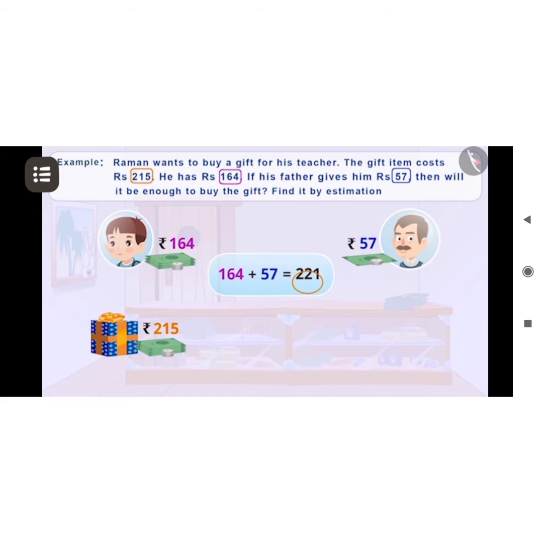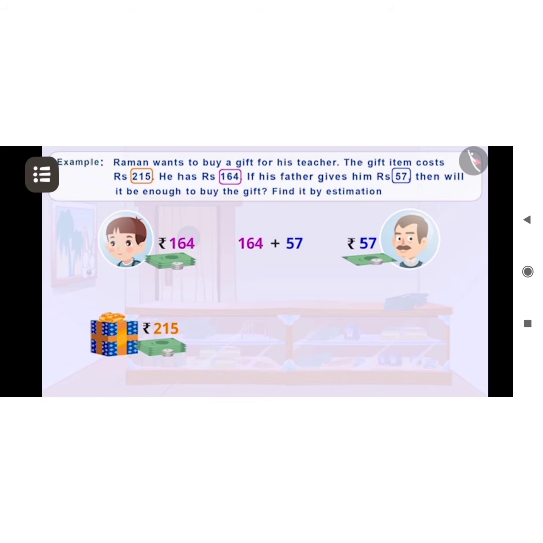But to save our time we can round off to the nearest numbers. Let us see how to round them off. In 164 the highest place value is hundreds, and in 57 the highest place value is tens.